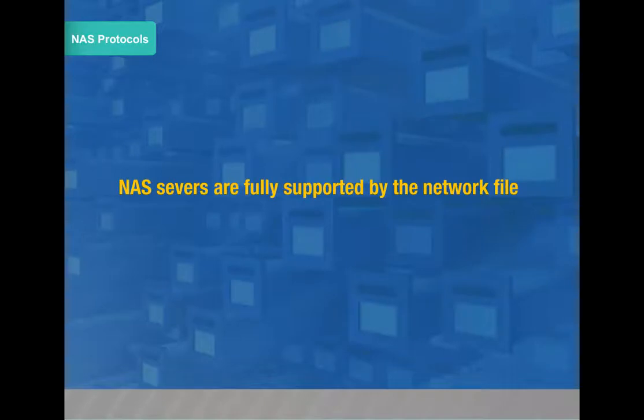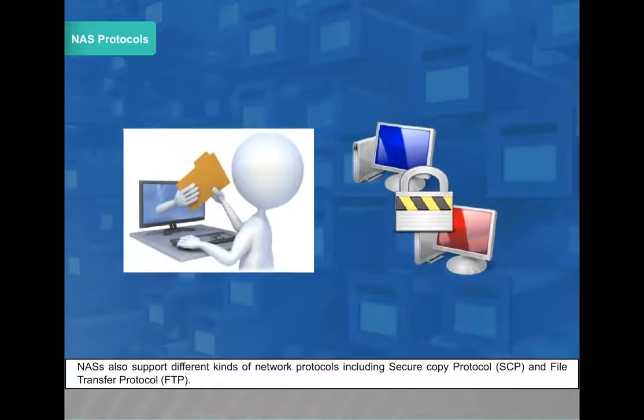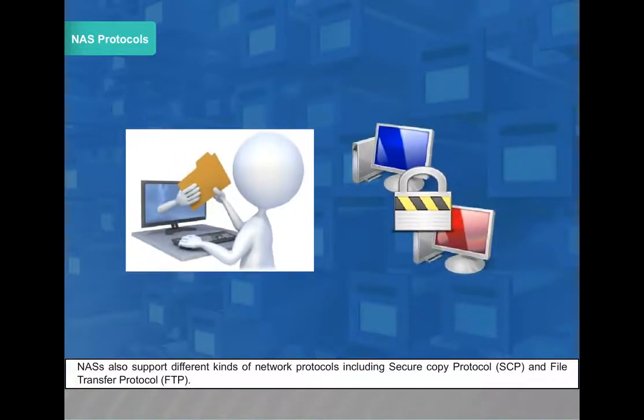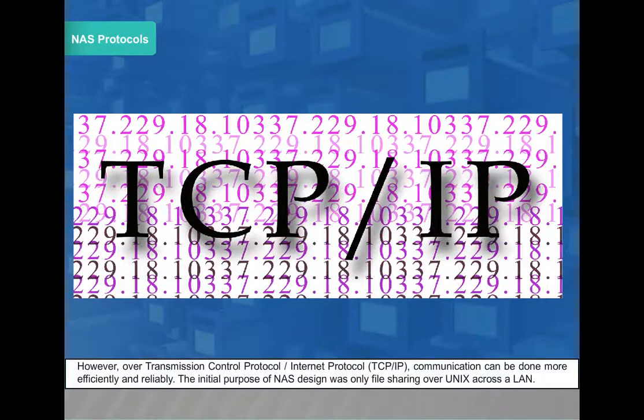NAS servers are fully supported by the Network File System and Common Internet File System. NAS also supports different kinds of network protocols, including SCP and FTP. However, over TCP/IP, communication can be done more efficiently and reliably.